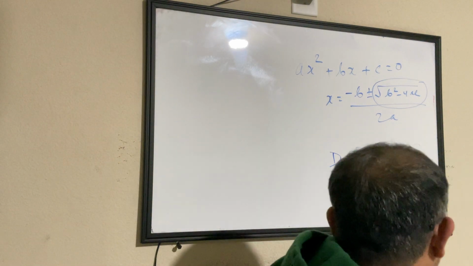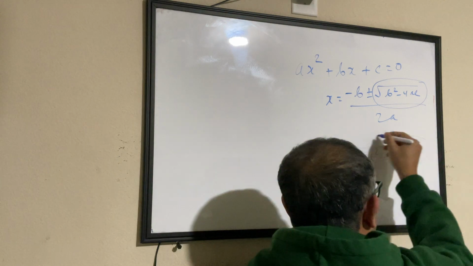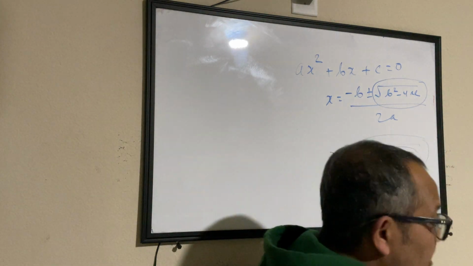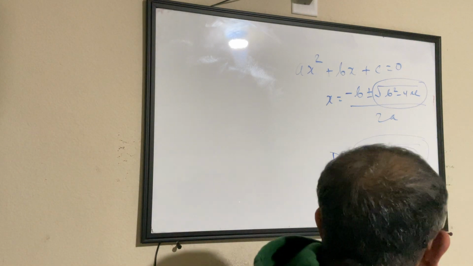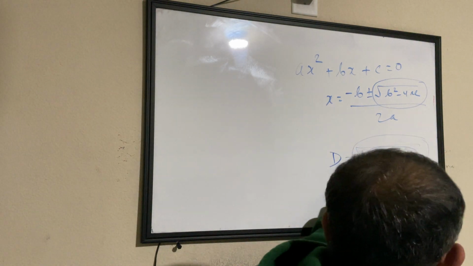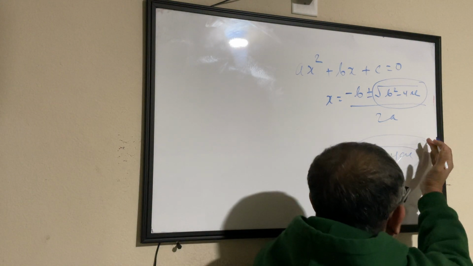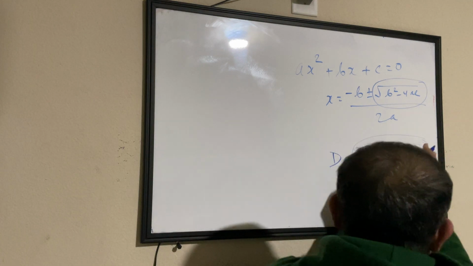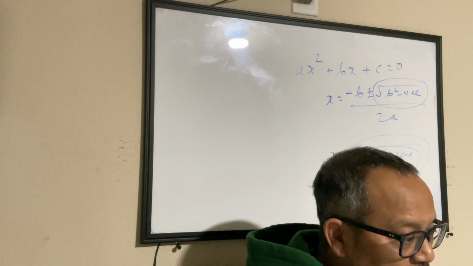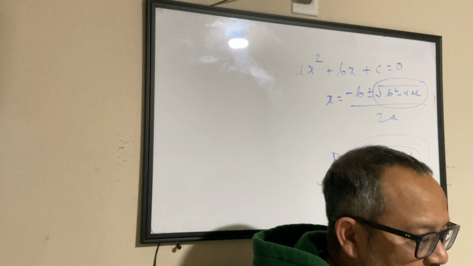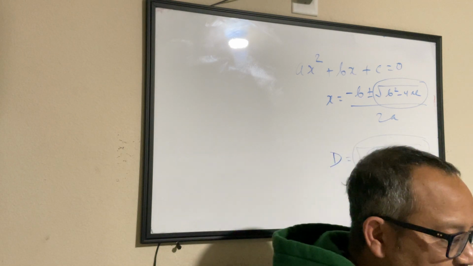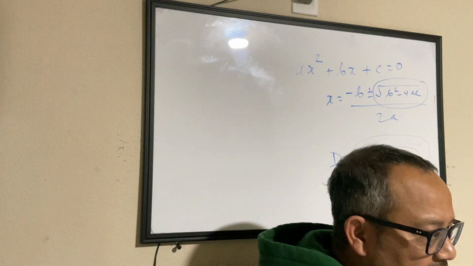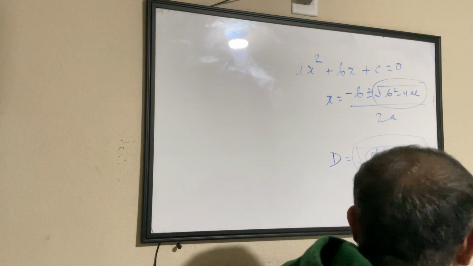Okay. As far as I remember, this is the entire b square minus 4ac square root. That is the discriminant. Now, that tells you that if this value is 0, what does it mean? If the discriminant is 0, what does it mean? Yes, Dev. Does that mean there's only one solution? It will give you only one solution.